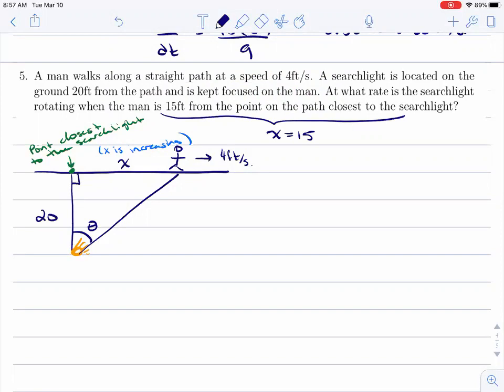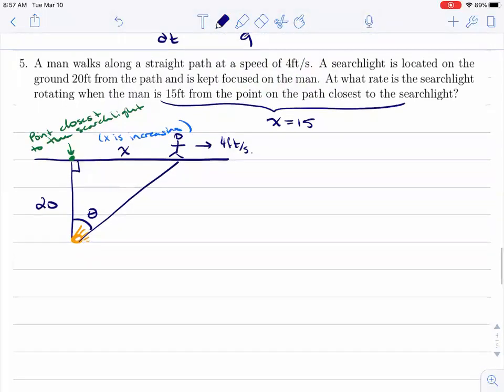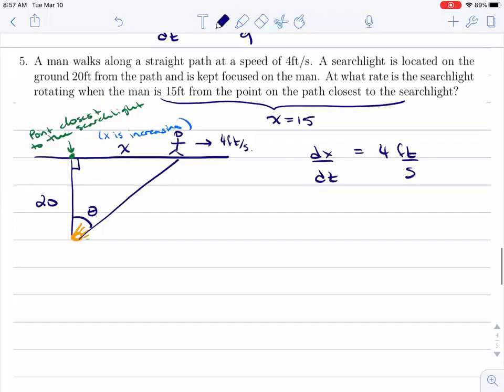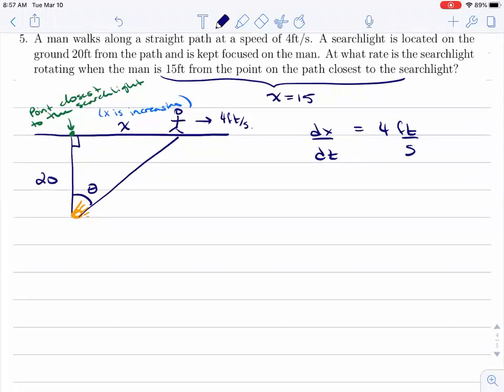I'm going to keep it as x for a little while longer. We don't want to plug in values too soon, because notice that we've got dx/dt is 4 feet per second. And so I can't take the derivative of x with respect to t if I just plug in 15 right away.